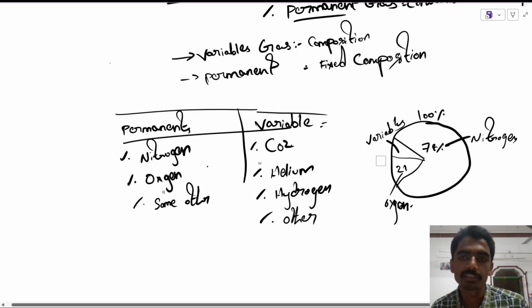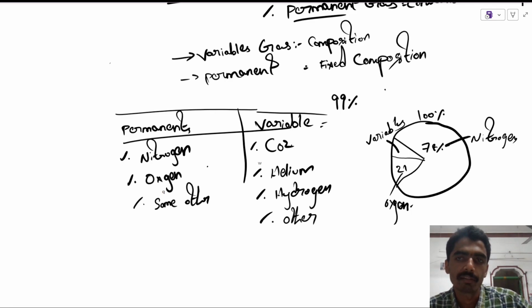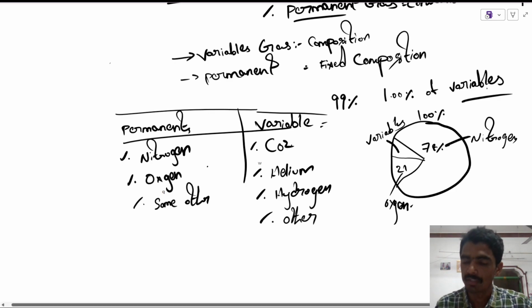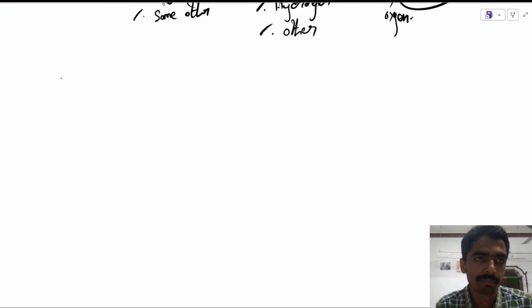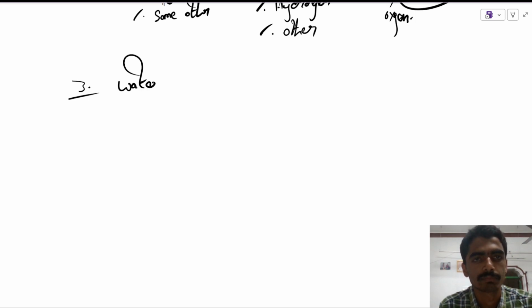So out of 100%, permanent gases make up majorly 99% of the volume and the remaining 1 point something percent is variable gases. This was the gases.